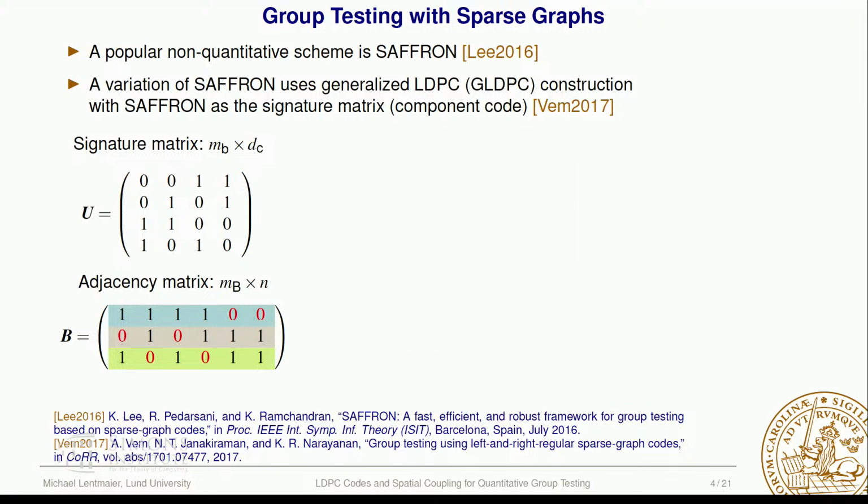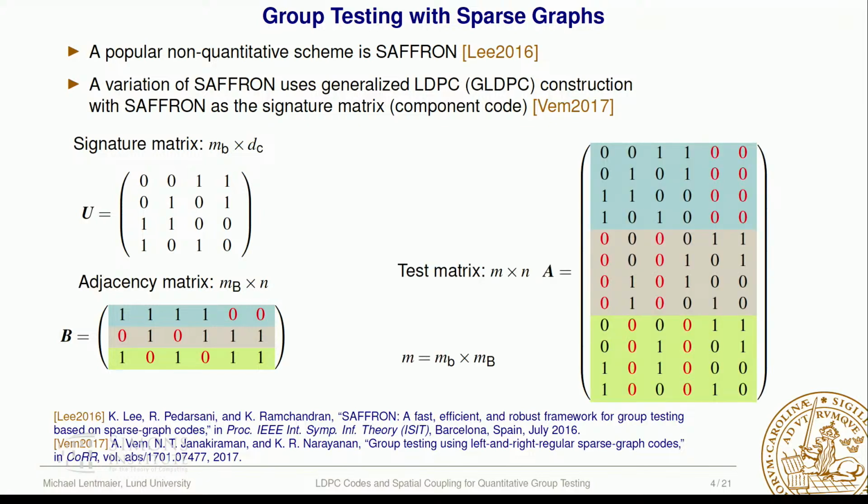And then we are blowing it up and get a bigger, sparser graph out of smaller such subcodes. And they could get some gains by doing it this way. This was basically a connection to regular LDPC codes, but with this generalization, with the stronger subcodes here.